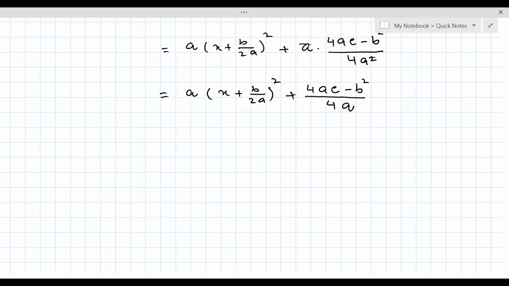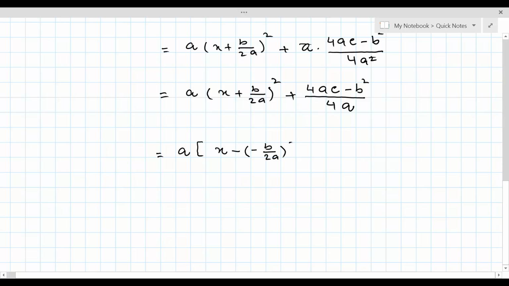There is only one thing that we need to do before we can declare its form, and that is we need a negative sign right after x. So what we do here, x minus, and we place another minus inside with b over 2a so that we don't disturb the equality. So this square plus 4ac minus b square divided by 4a.